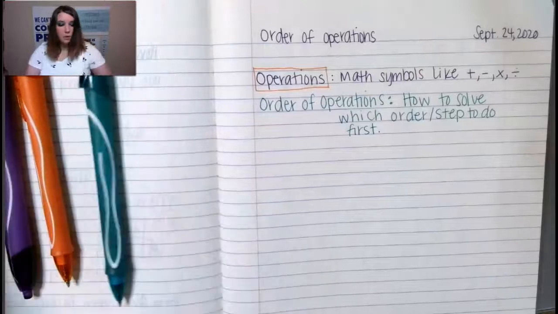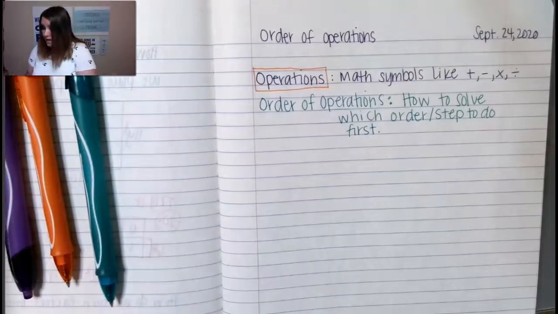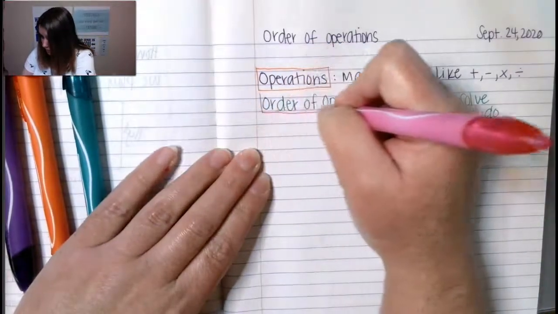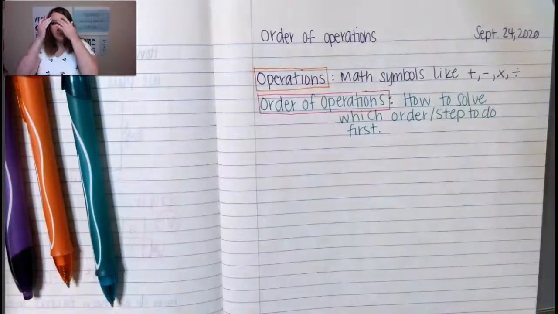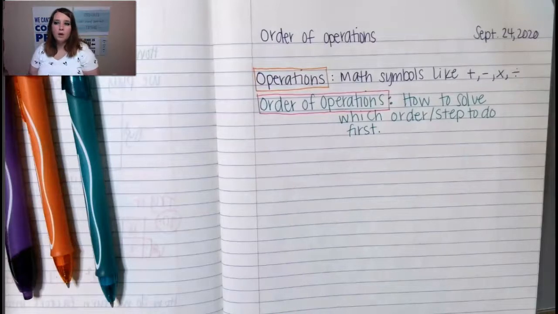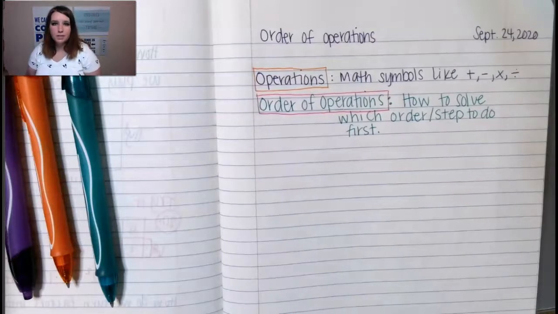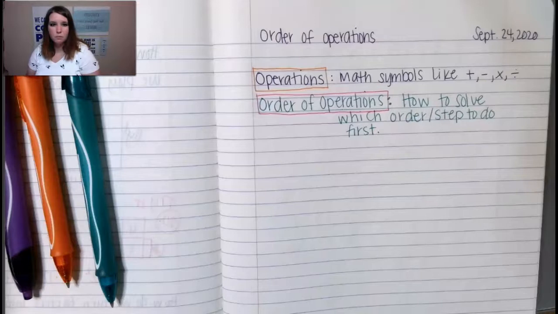Okay, so that is the reason why it is called the order of operations. Now, hopefully that helps out just a little bit more with why we call it the order of operations and maybe helps with the confusion part.